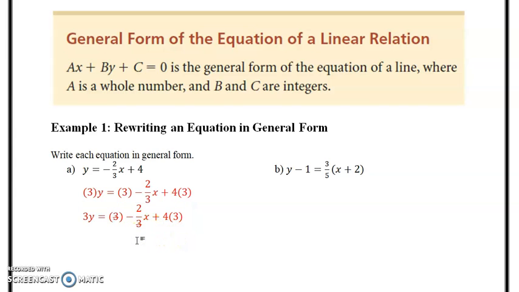So that 3 is gone, and that 3 is gone, as you see there. The 3 divides with the 3, and it's gone like I mentioned before. And then 4 times 3 is 12.